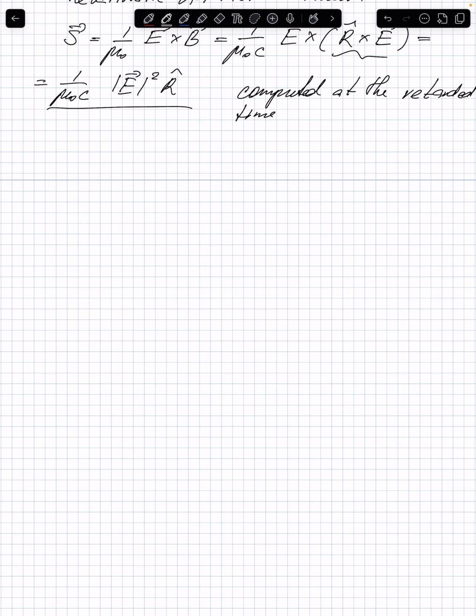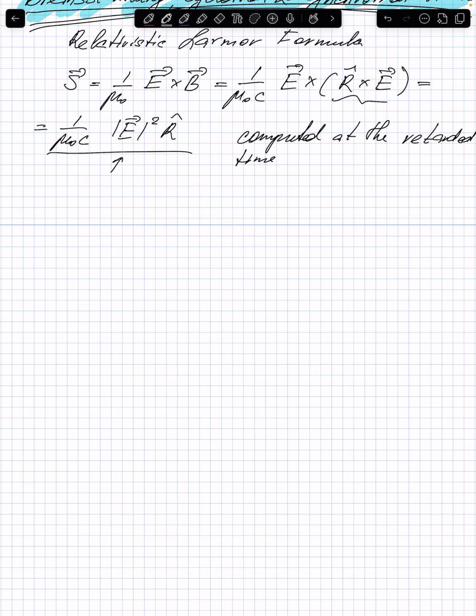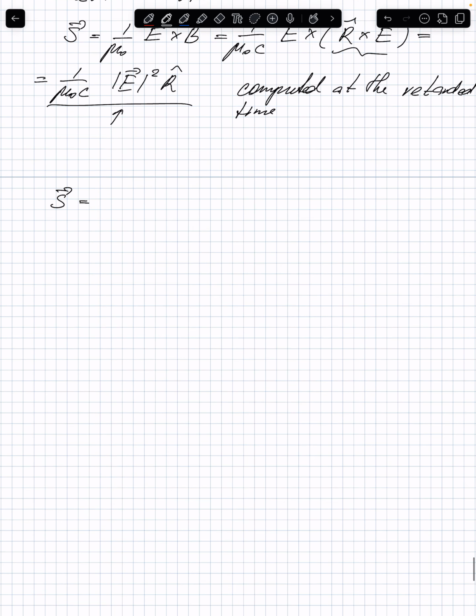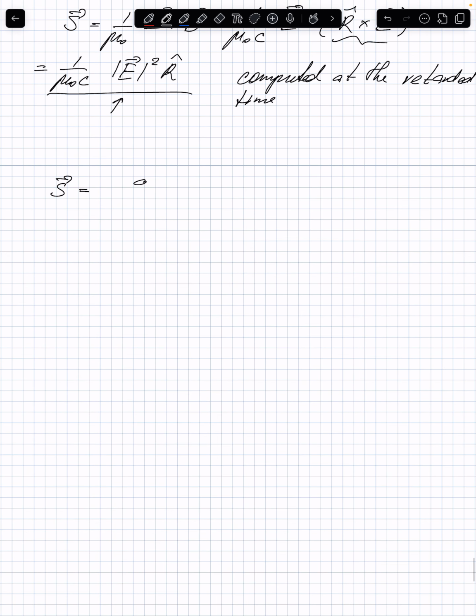Taking the value of the term which drops as 1 over r and substituting it into this equation, we obtain the following expression for S. S equals q squared divided by 16 pi squared epsilon 0 c cubed.